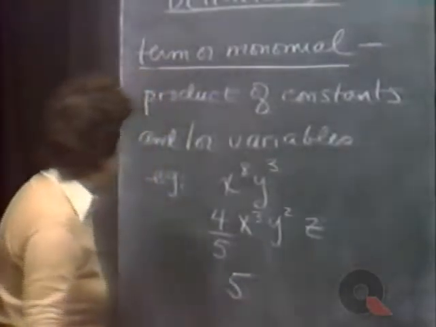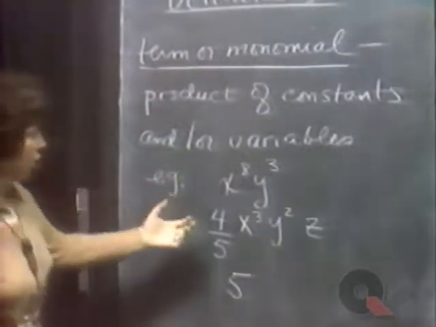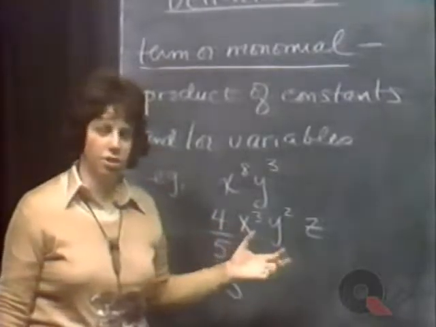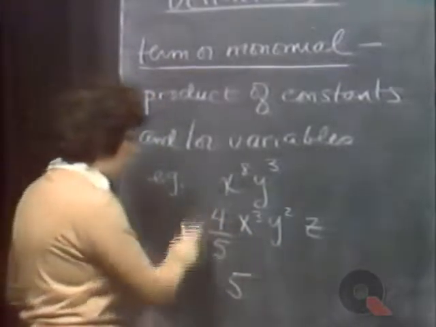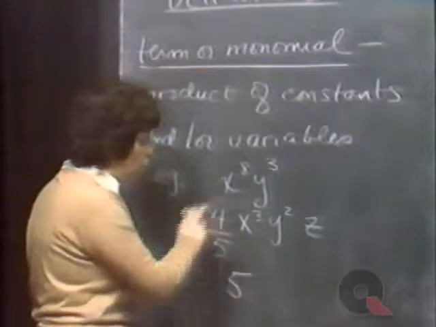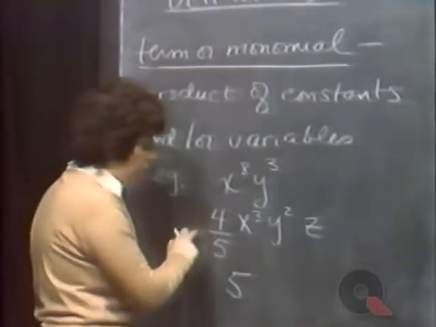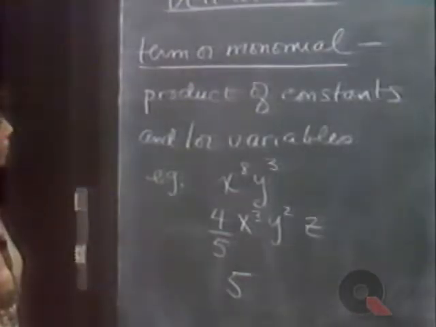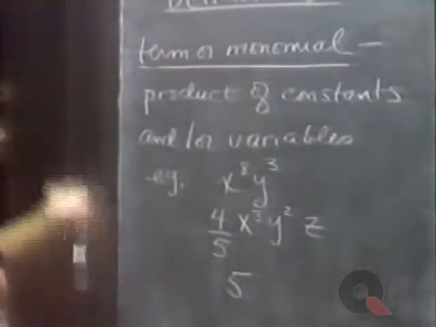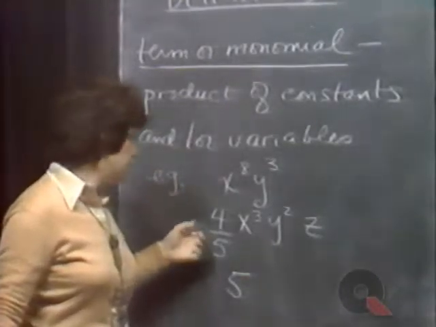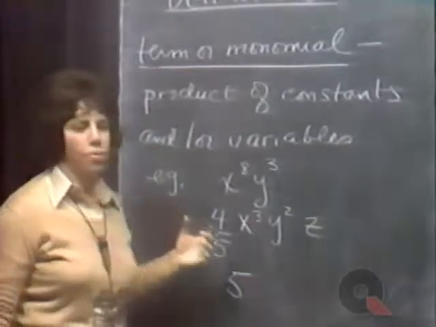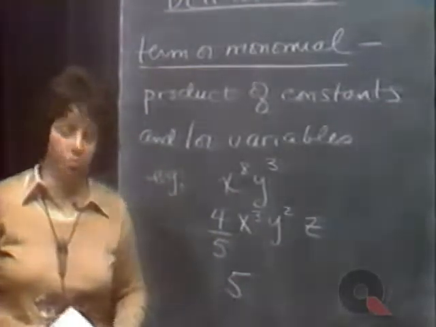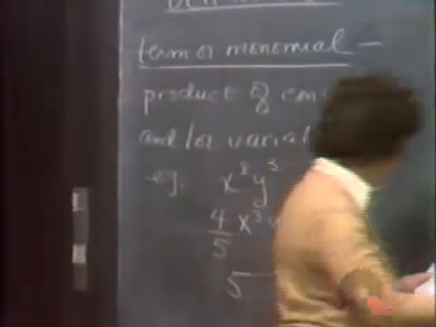Now, in a term, you have a variable part and a constant part. The constant part, in this case 4/5, is the numerical coefficient of this term, and this is the variable part. Now, if you add up a specified number of these terms or monomials, you get what we call a polynomial. Let me write that down for you.